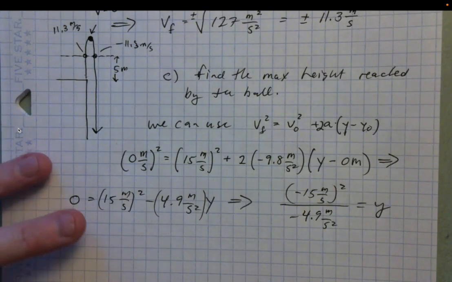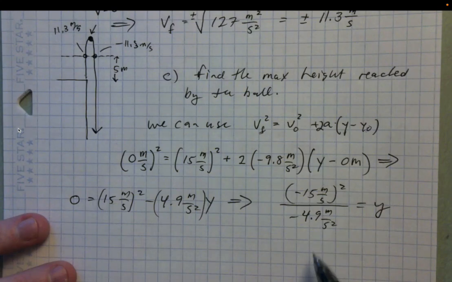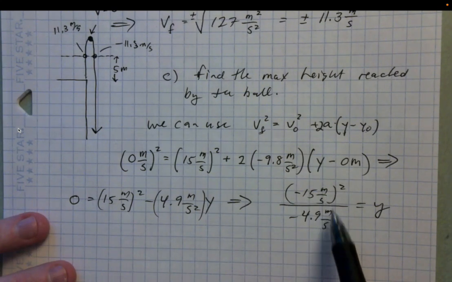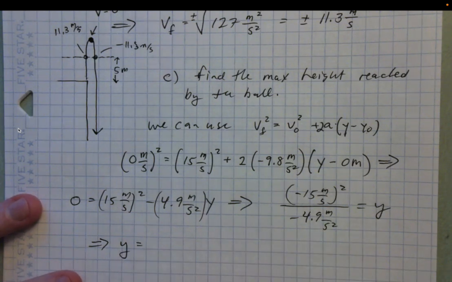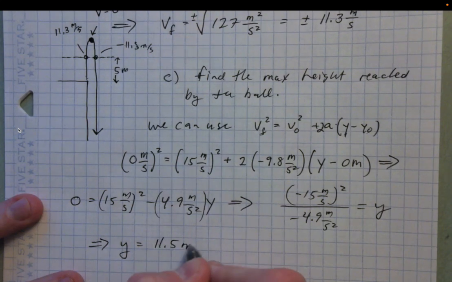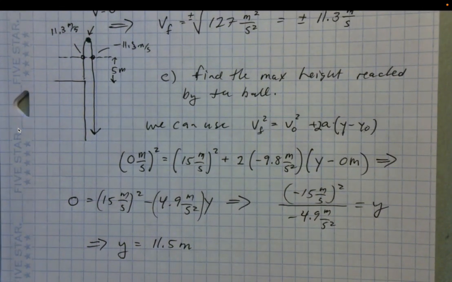And I think you can see that meters is what you're going to be left with here. You've got meters squared second squared over meters over second squared. So one of the meters will be left. And so you actually end up with y, and you can just do this arithmetic on your own. You get y equals 11.5 meters. Okay, when you do that division.